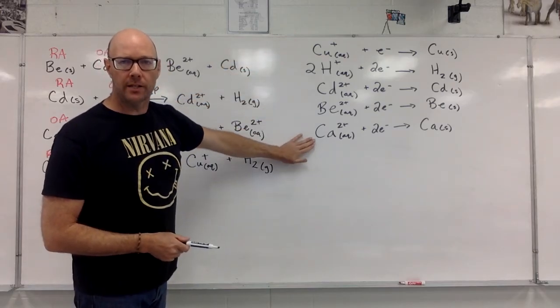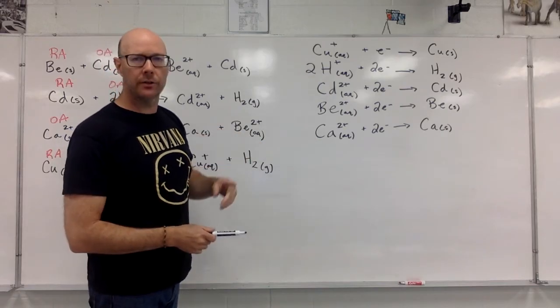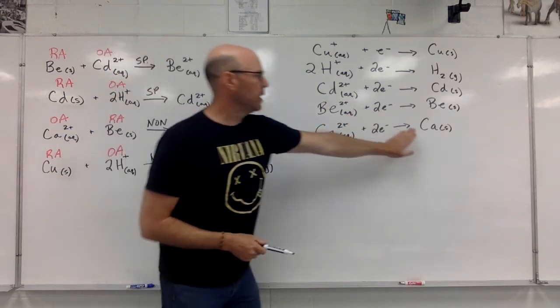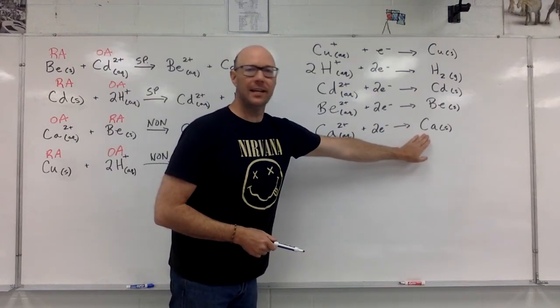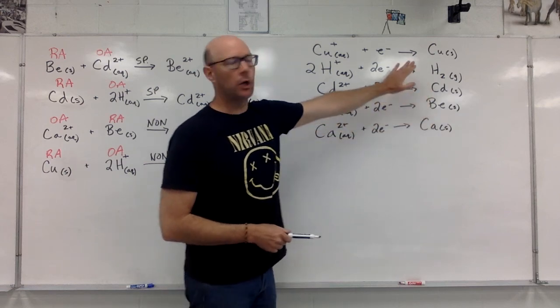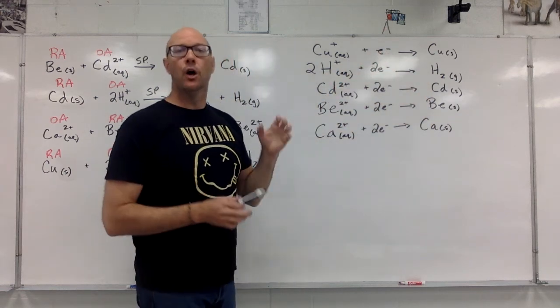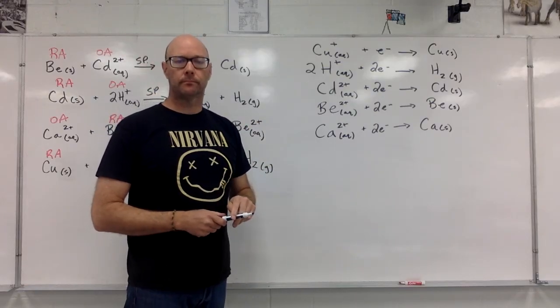So we have the weakest oxidizing agent at the bottom. On the other side, it's the other way around. The strongest reducing agent here is the calcium solid in the bottom right-hand corner. And this time they're getting weaker and weaker as we go up. So out of these 5, the weakest reducing agent is the copper solid.